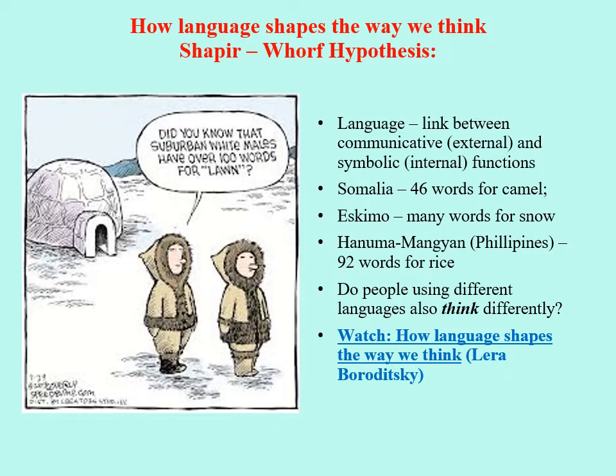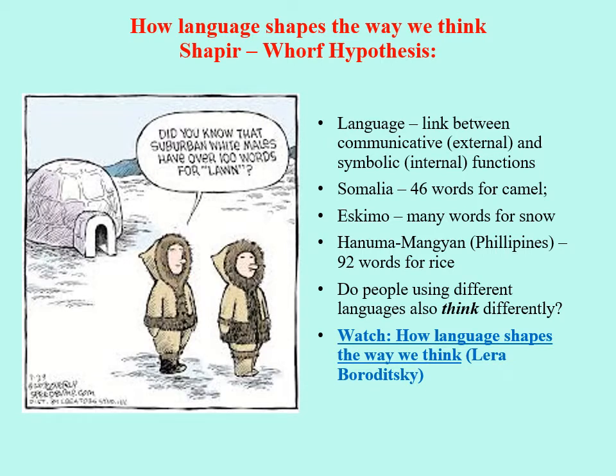Now, next we are going to look at a very interesting and important feature of language, and that is the strange relationship between language as the medium of social communication and language as the medium of social thoughts, internal thought.